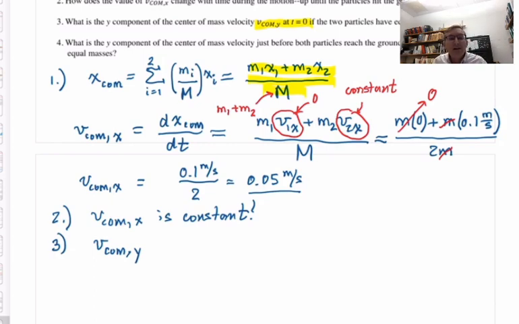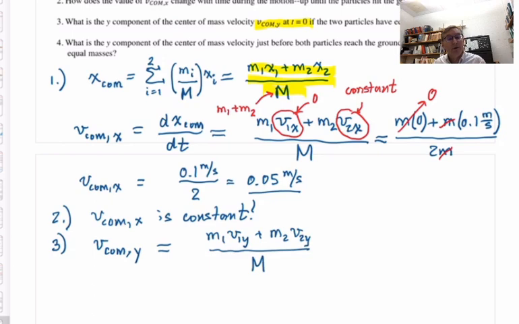Now the good news here is I can just write down the formula for VCOMy based on the formula for VCOMx. All I have to write is this: VCOMy equals m1 times v1 y component plus m2 times v2 y component over total mass, total M. Right?